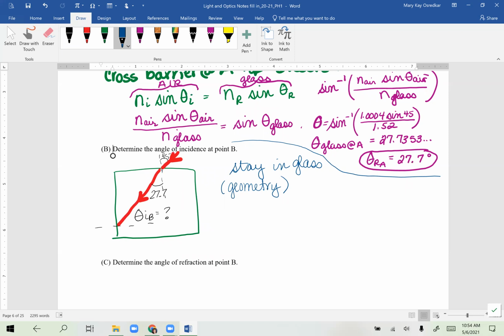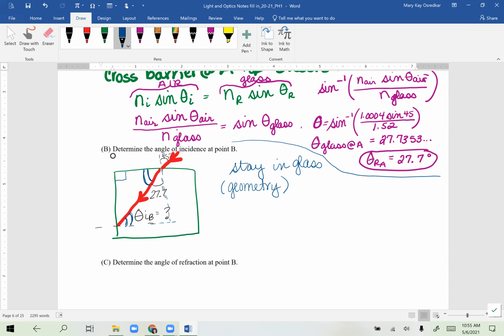Keep in mind, this is perpendicular, this is perpendicular, this is a block, this is a square. So we can say that this angle here is congruent with this angle here, correct?